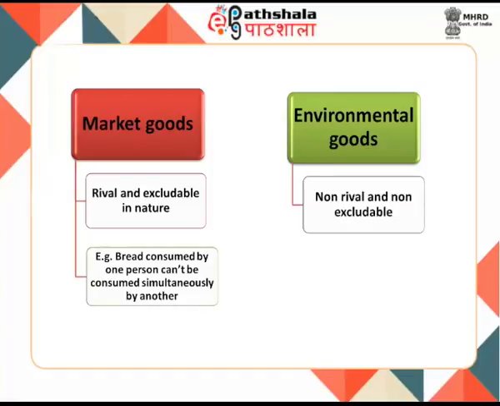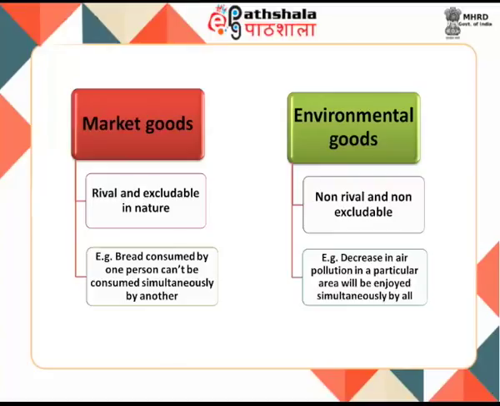If bread, a market good, is consumed by one person, the same can't be consumed simultaneously by another person. But the decrease in air pollution or the provision of clean water, an environmental good, in a particular area by controlling the industrial waste disposal will be enjoyed simultaneously by all the people of that area.